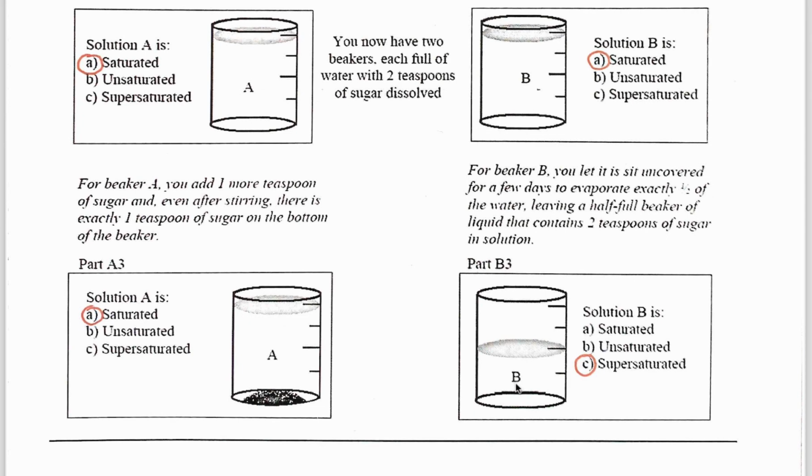So your concentration, even though it shouldn't be able to, it went up. Just like when we heated the rock candy solution, you were able to dissolve more sugar than really should have dissolved in the solution. You have now created, either by removing the water or heating up the water like you did in the lab, what we call a supersaturated solution. It has more dissolved than really should be allowed, okay?